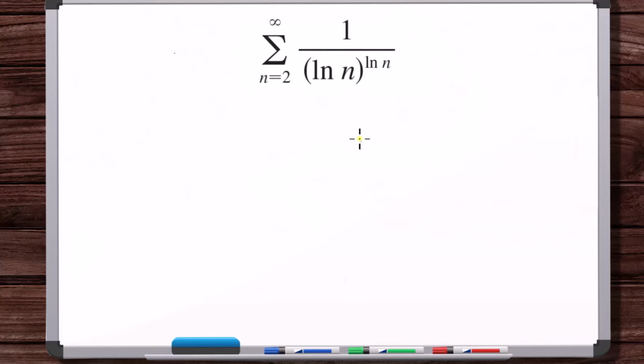All right, I'm thinking here the integral test. Okay, this is always decreasing. It's always positive and it's continuous, going from 2 to infinity. So what is the integral?